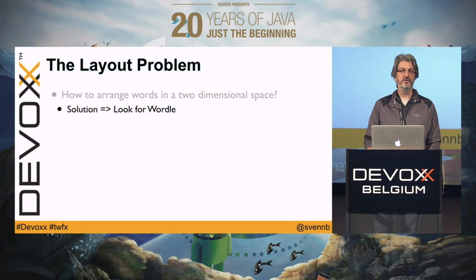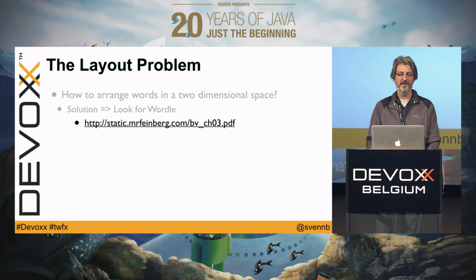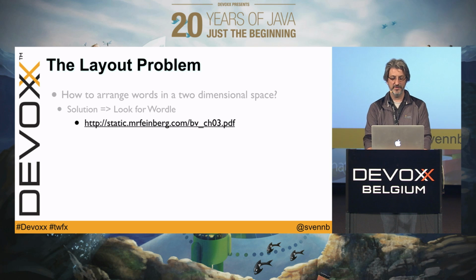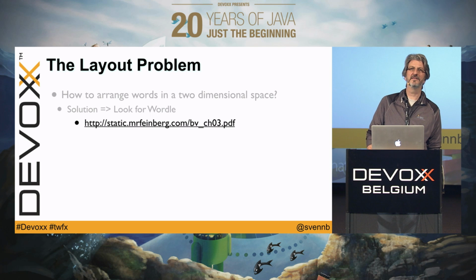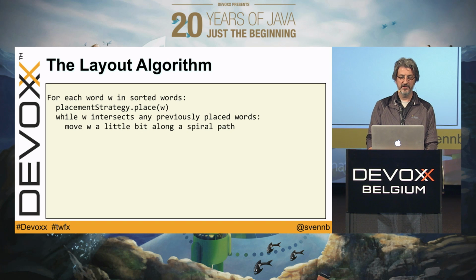So how to do it? Well, there is this thing called Wordle. The source code is unfortunately not publicly available because it was written during some time at IBM by some guy. But he wrote a chapter on how he did it. That's the good news. The bad news is, if you read this chapter from the book, you figure out that this is the layout algorithm.